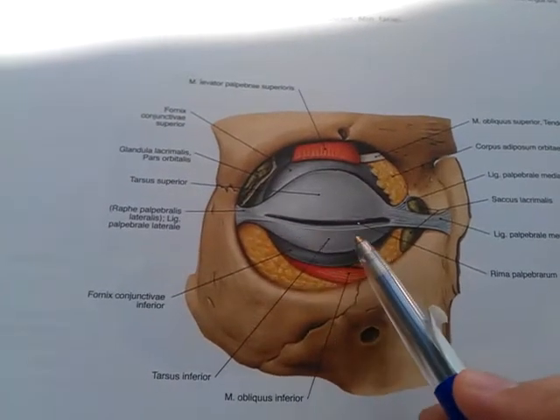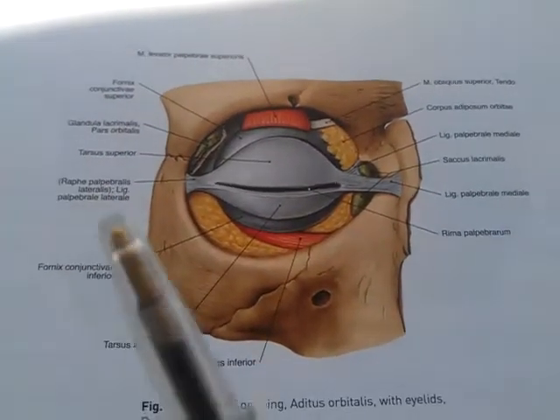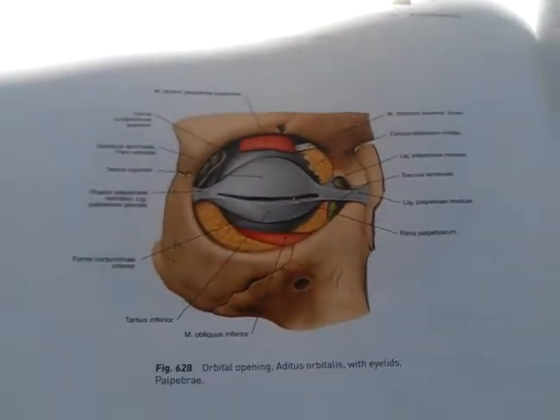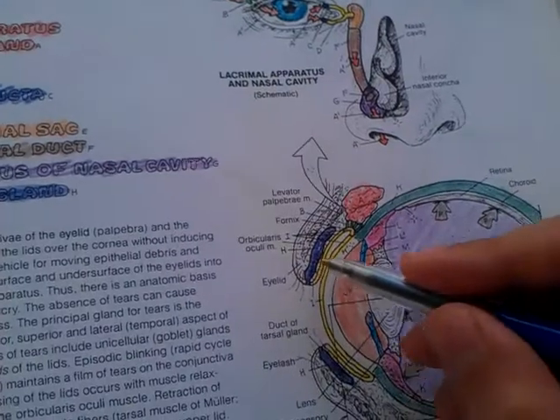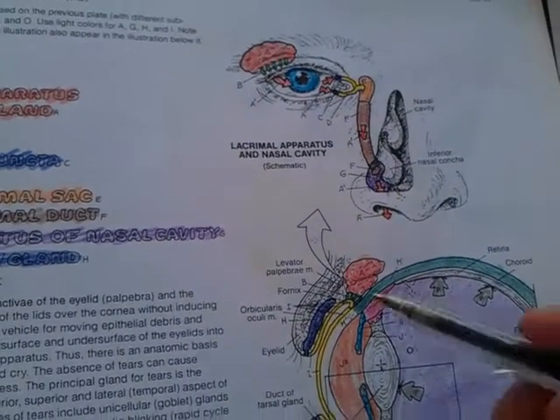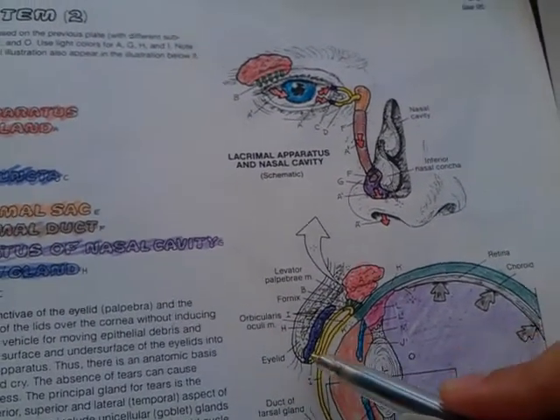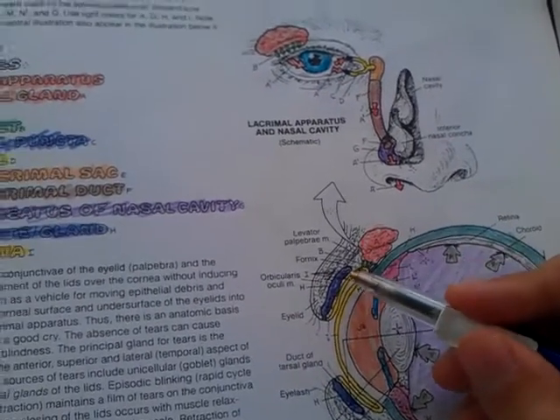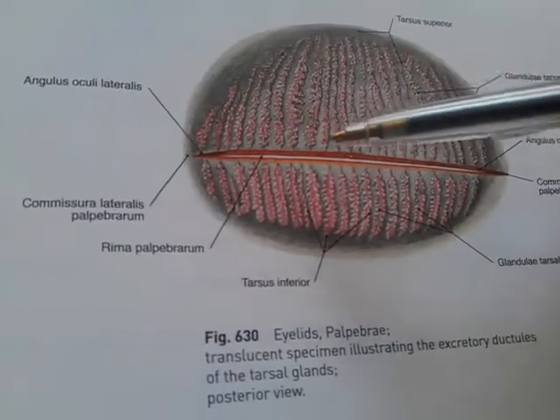So you have inferior and superior tarsi, and posteriorly you have conjunctiva, here in yellow, which covers the tarsal plate and also the tarsal glands. Here you can see another picture of the tarsal glands.